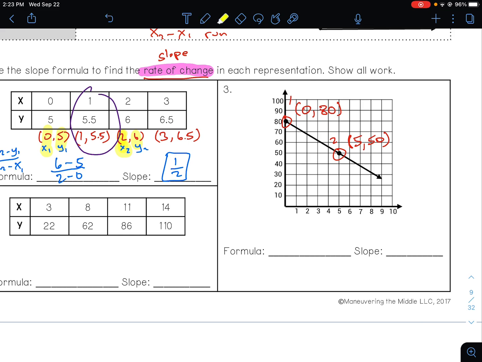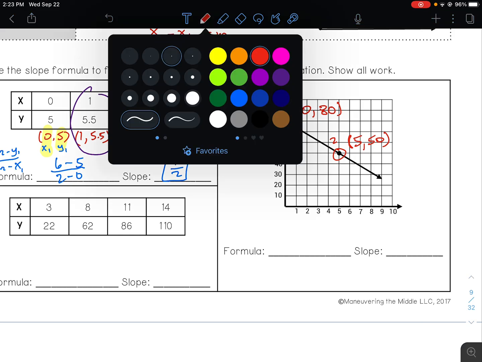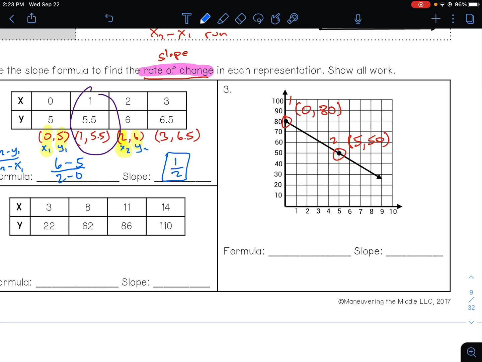So y2 minus y1 over x2 minus x1. Let me write that down: x2, y2, x1, y1. All right, y2 is right over here. It's 50.